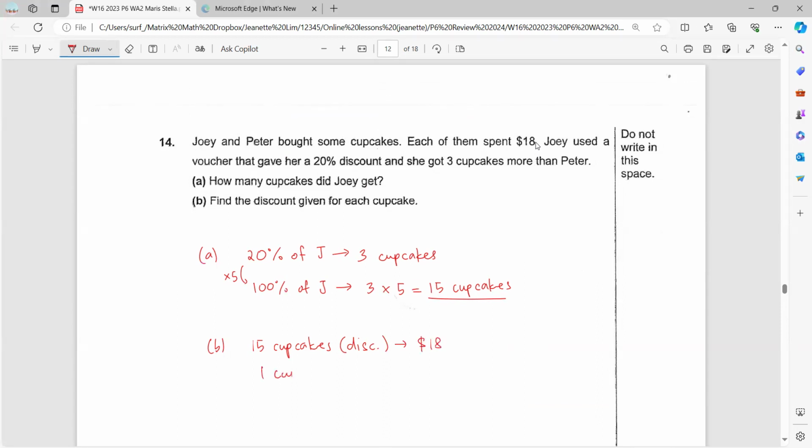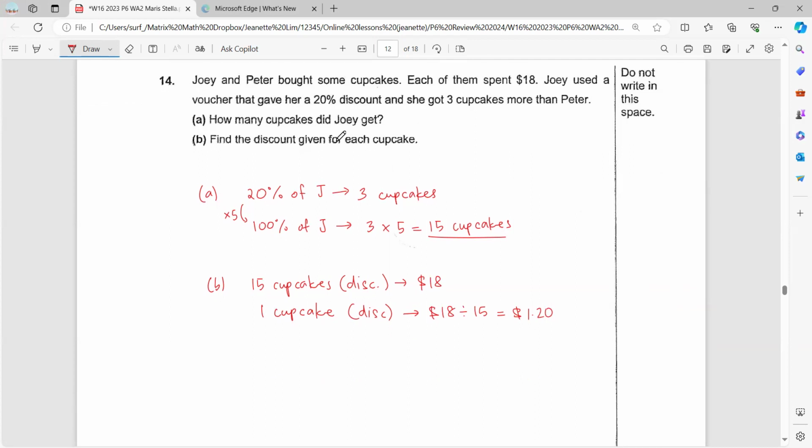So every cupcake at a discounted price is 18 divided by 15, which is $1.20.